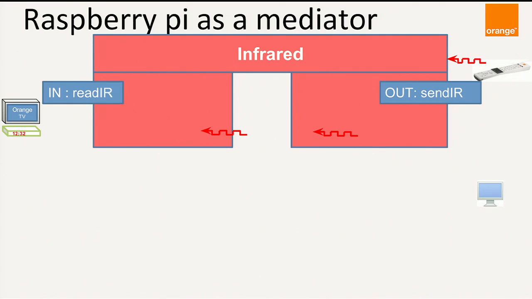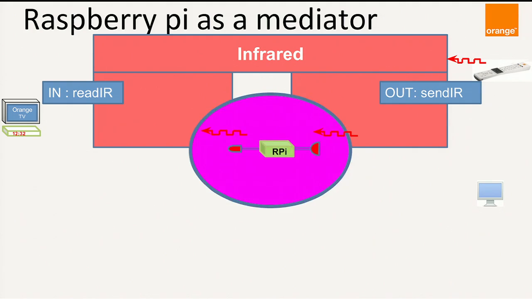So we have our first world with infrared, and we decided to put a Raspberry Pi just in the middle. On this Raspberry Pi, we've added a card with an infrared receiver and an infrared blaster to allow the Raspberry Pi to talk in the infrared world.